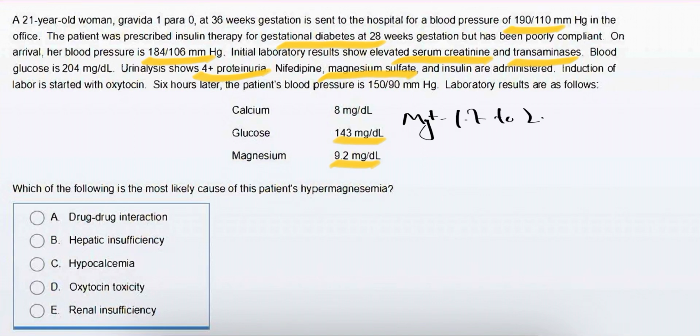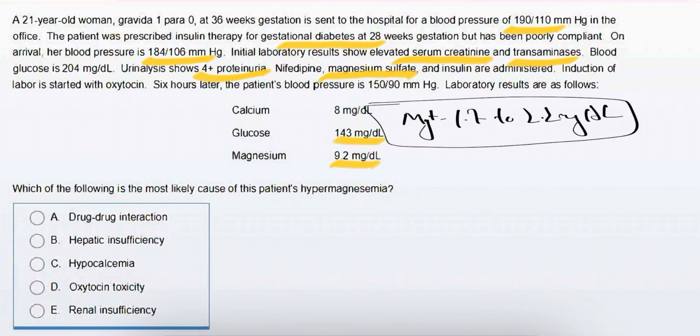So here the normal magnesium level is 1.7 to 2.2 milligram per deciliter, and this patient has hypermagnesemia because her magnesium level is 9.2 milligram per deciliter. In this question they are asking what is the cause of this patient's hypermagnesemia.